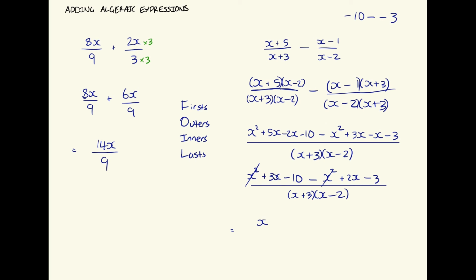So it's the same as writing negative 10 plus 3. And when you have negative 10 and you want to add 3 to that, well, that's going to become negative 7. So it's going to be x minus 7 over, let's use a straight line, over x plus 3 multiplied by x minus 2.